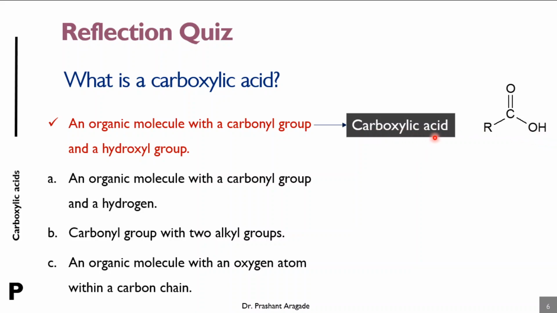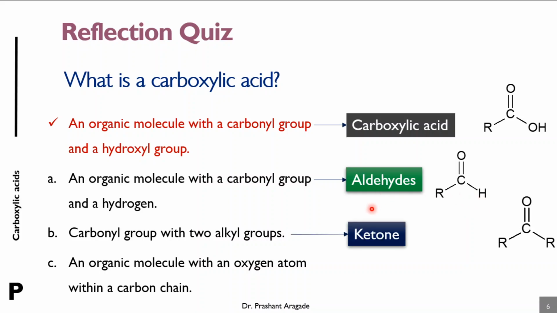That's why that functional group is called carboxylic acid. The second option is for aldehyde, which means a carbonyl group along with hydrogen. The third option is for ketone, that is a carbonyl group attached with two alkyl groups. And the last option, an organic molecule with an oxygen atom within the carbon chain, that is ROR, is for ether.